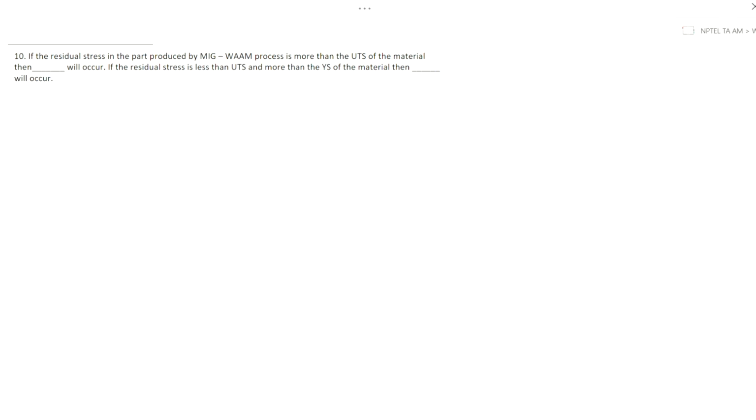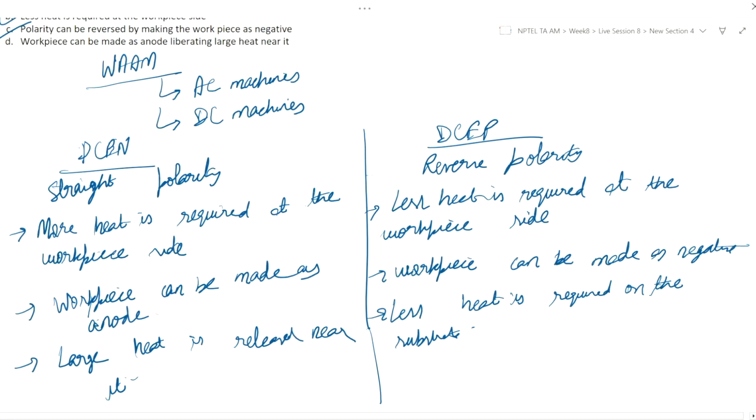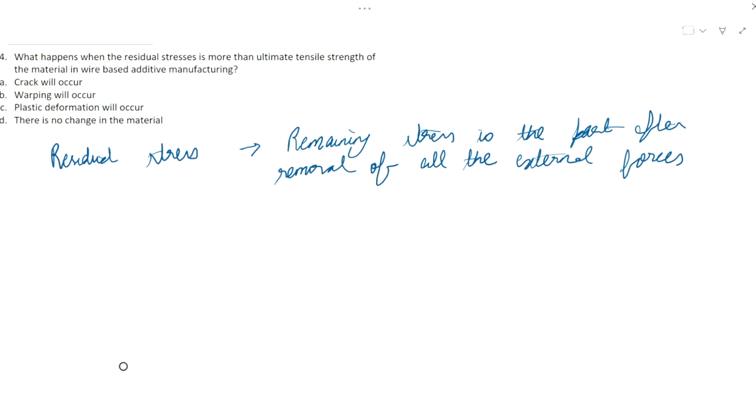After understanding this, we'll come back to this question. Now, consider this as your stress strain curve. Yield stress and later you have the ultimate tensile strength.